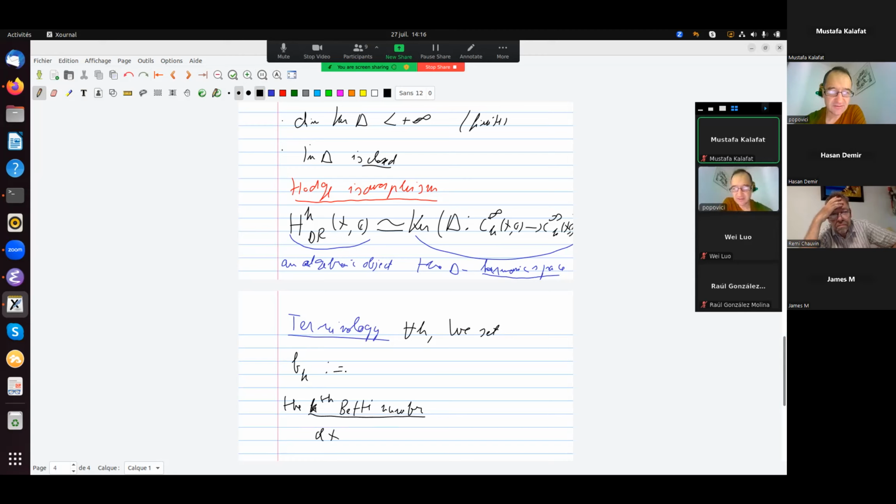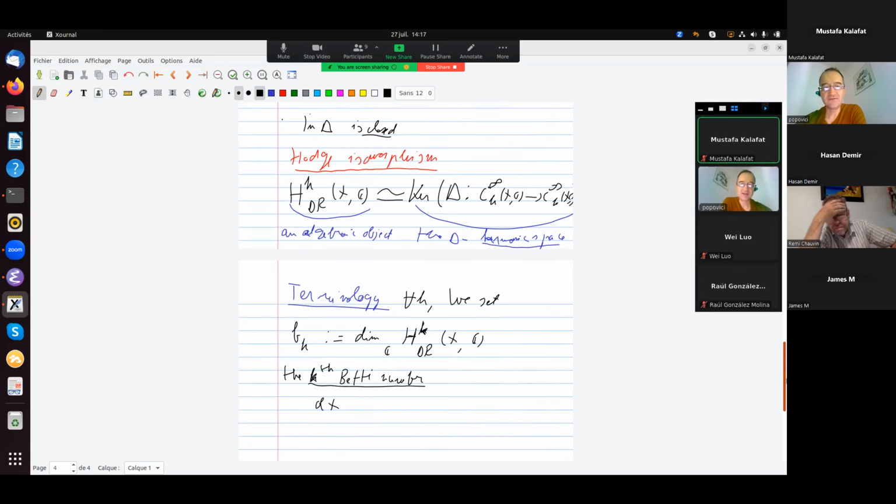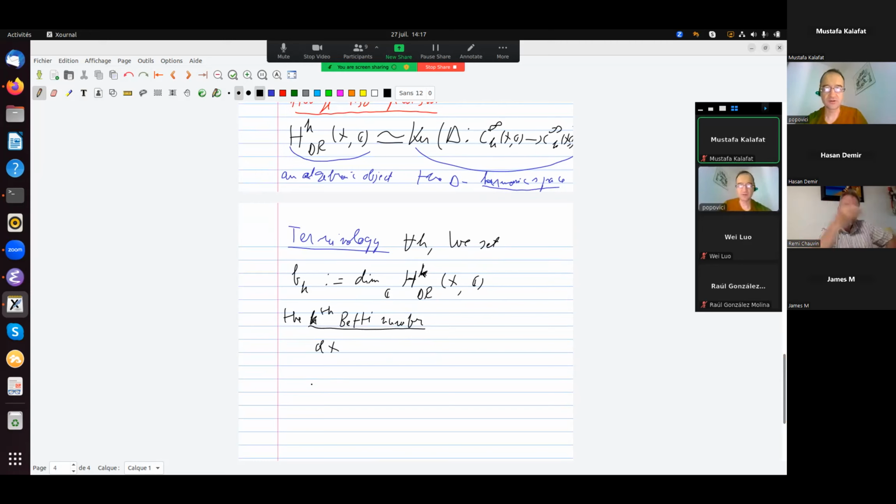This, by definition, is the dimension over C of H^k de Rham, the cohomology group of degree k. So the Betti numbers of a compact manifold give topological invariants.